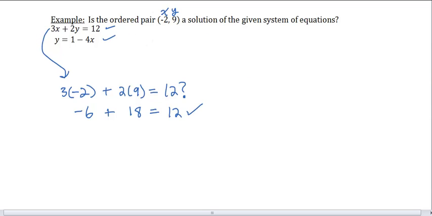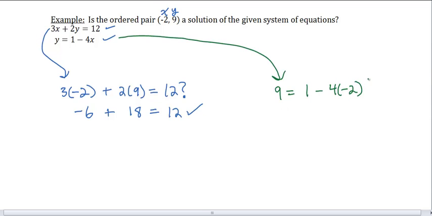So I'm halfway there. Now I'm going to check to see if negative 2, 9 is a solution to my second equation. y is 9, so I get 9 equals 1 minus 4 times negative 2. I want to see if that remains true when I simplify. Negative 4 times negative 2 is plus 8, and 1 plus 8 does equal 9.